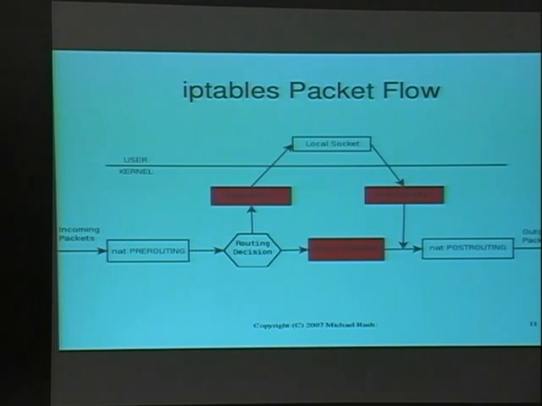I now need to see, this is an IPv4 packet, for example. I need to see where it's destined for. The kernel makes a routing calculation to see whether or not it's destined for a local socket or should be destined for a system that's connected via, say, another interface, so it should be forwarded through the system. Any packets that are destined for local sockets are sent to the input chain, and on the way up, the application can make use of that packet data, do whatever to it, make a response. Responses are compared against the output chain and then forwarded through the system.